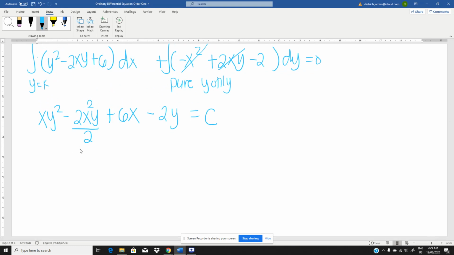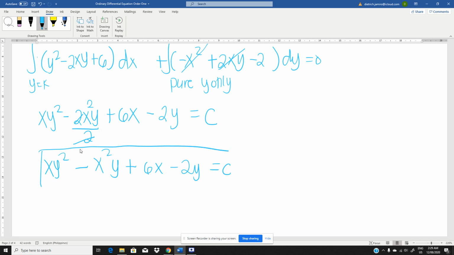Simplifying further, we will have xy squared minus x squared y plus 6x minus 2y is equal to c. So that's the answer.